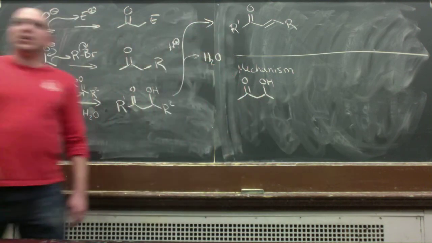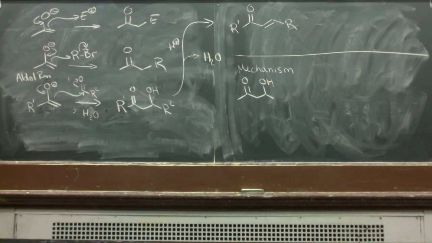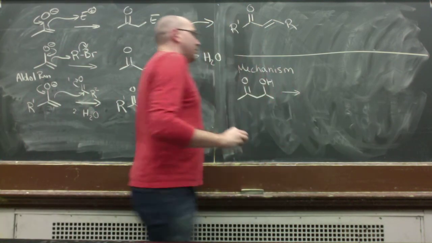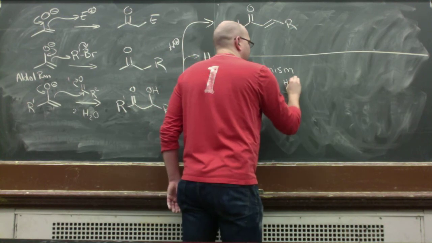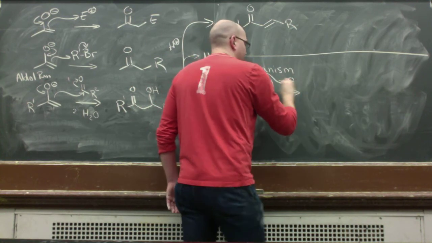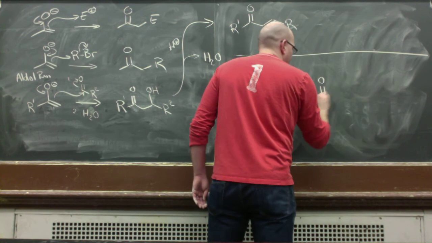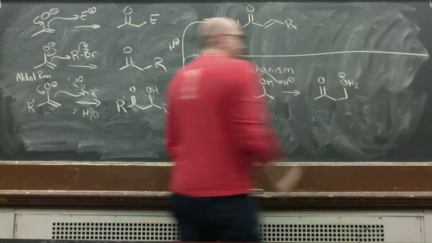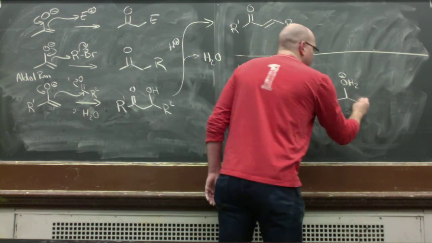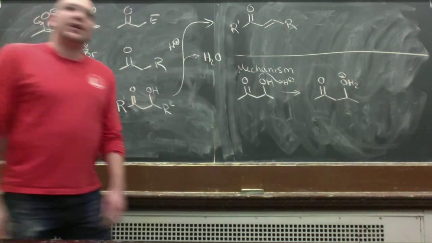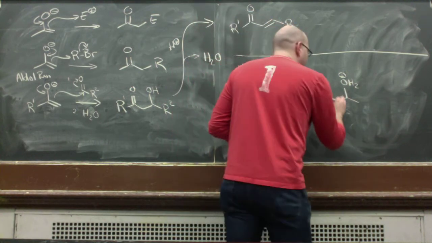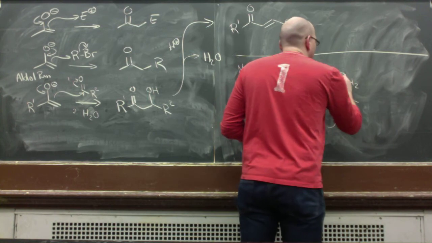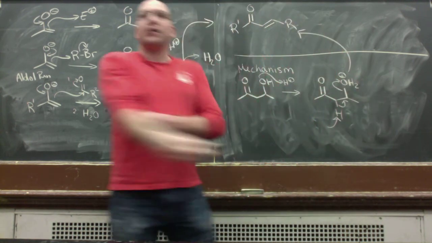Again, there's many ways that we could perhaps draw this reaction, but I think it's best just to think about it as being protonation. Right, we're going to have that compound there, right? And then again, the conjugate base, whatever that may be, is simply going to eliminate water to get to that molecule there, okay?